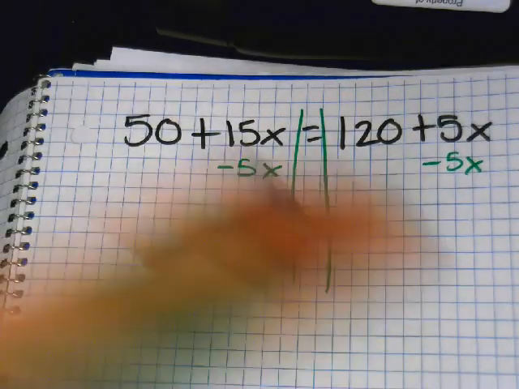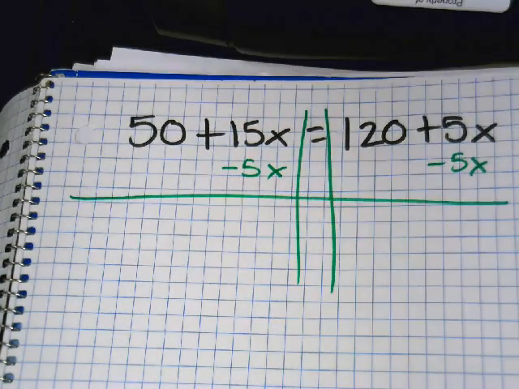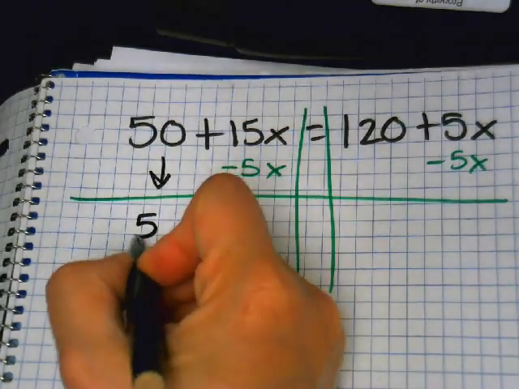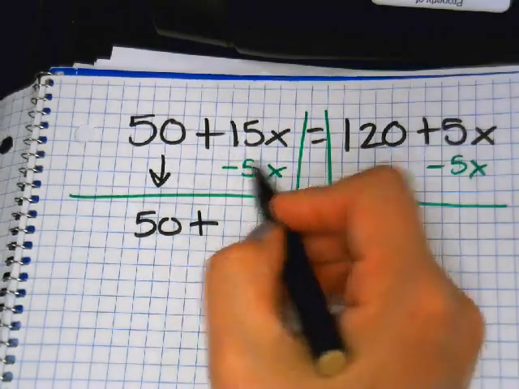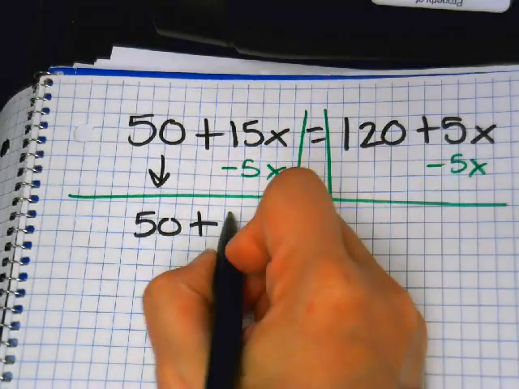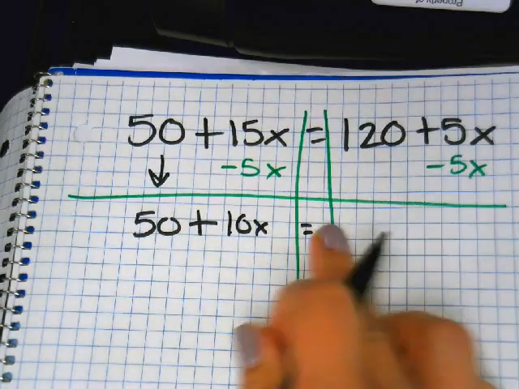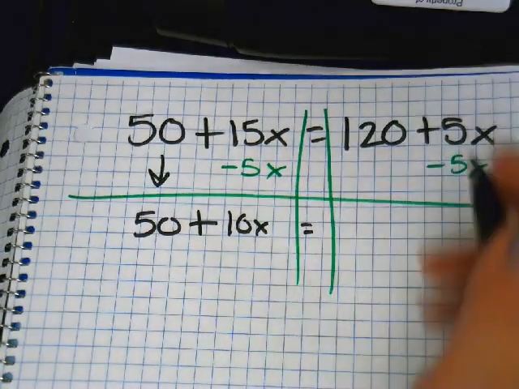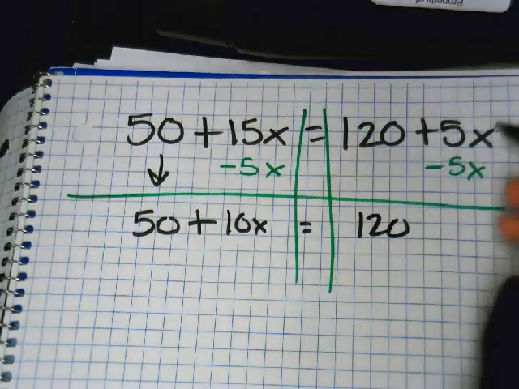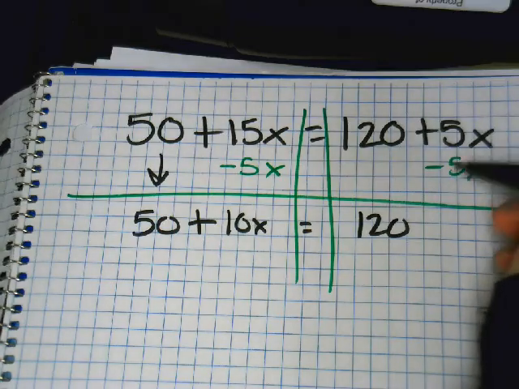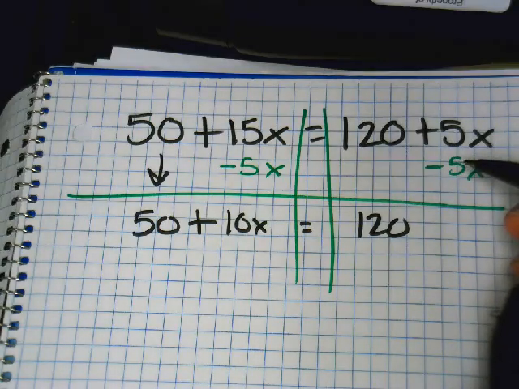Now we're going the other way, still same math. So here I'm left with 50 plus, what's 15x minus 5x? 10x. 10x is equal to what's left on this side, 120. Our whole point is to get rid of these 5x's. They cancel out. They end up being a 0.